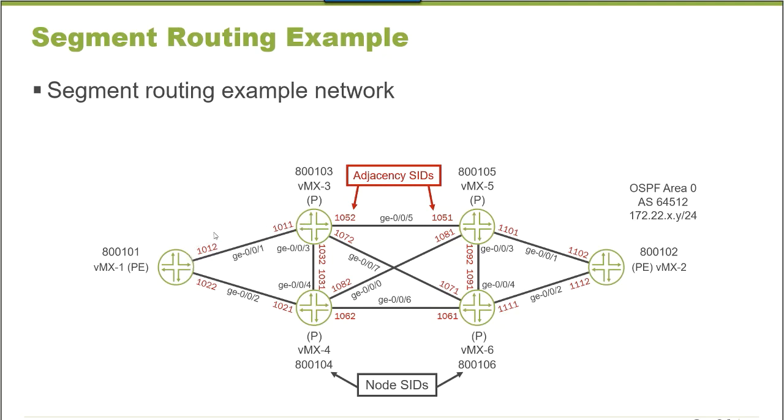And the IP address over here is 101.2. So I made the adjacency SID statically to match the IP address of the device on the other side. This is VMX3's adjacency SID that would forward any MPLS frames that enter any of these interfaces with a label of 1011. He would pop the label and forward it to VMX1, if that makes any sense, right?